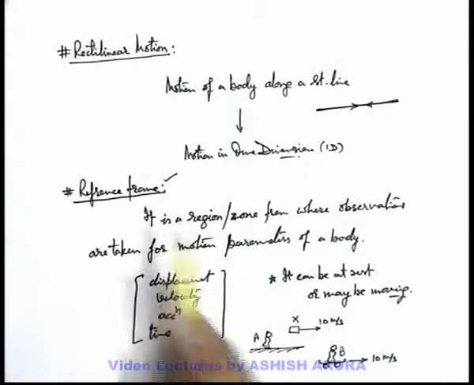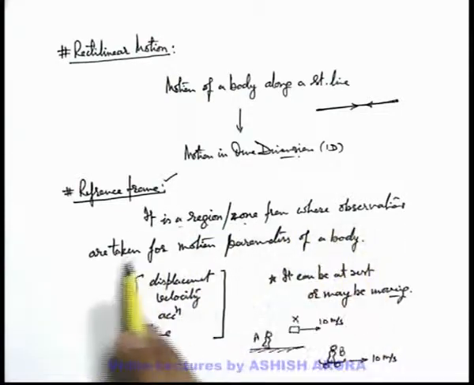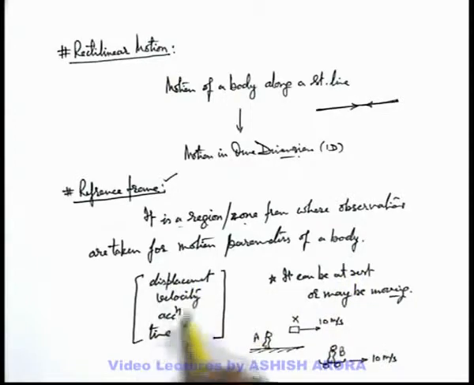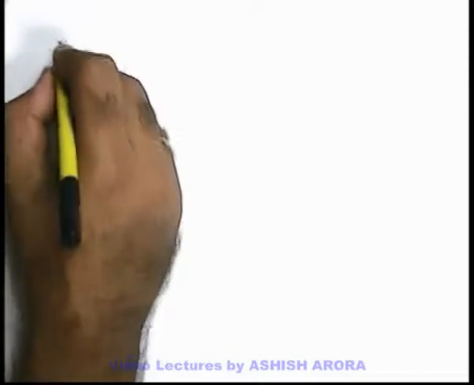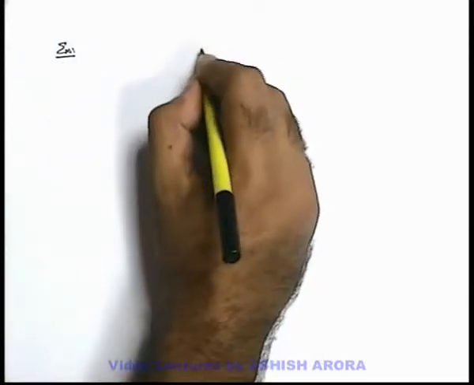So a reference frame we can simply define as a region or zone from where observations are taken for motion parameters of a body, and the parameters can be recorded when a moving body is observed from a given reference frame. Let us take another example to understand the concept of reference frame.